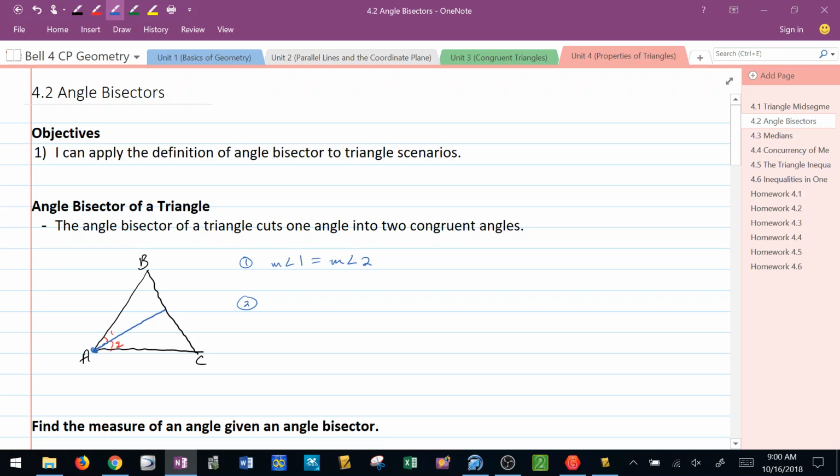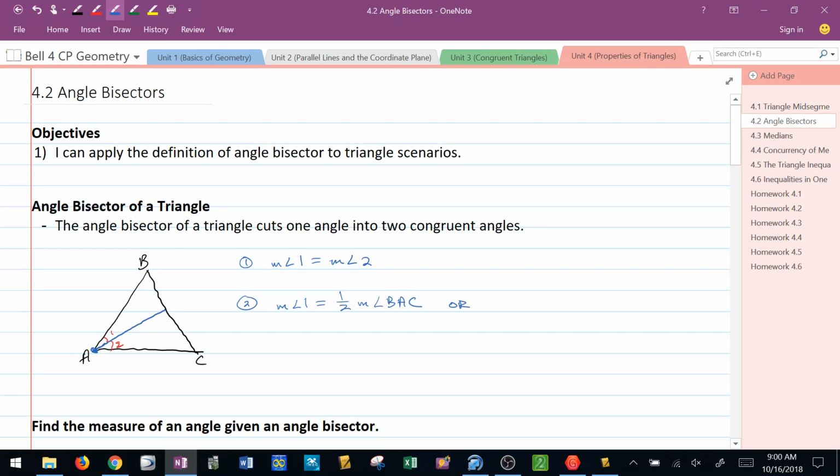This second thing is that one of these smaller angles, let's say the measure of angle 1, is going to be half the measure of angle BAC. So in other words, it's half the bigger angle.